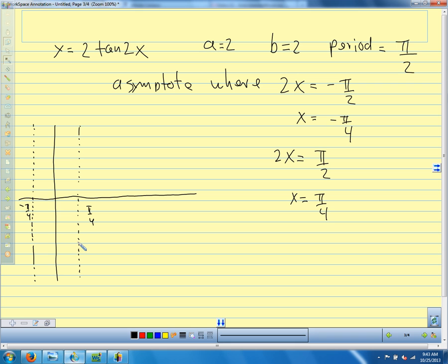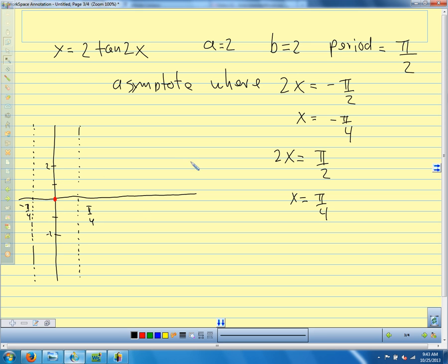And we can check to make sure we've done this correctly. The period is pi over 2. From negative pi over 4 to pi over 4 is pi over 2 units. Our intercept is going to be right in between at x equals 0. And this is going to be positive 2 and negative 2.